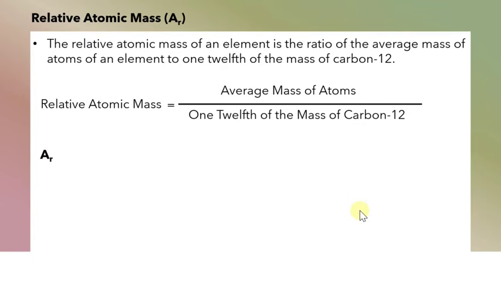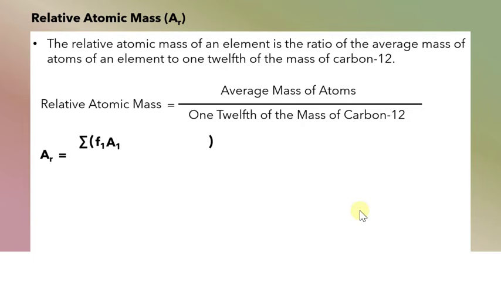So what it means is relative atomic mass can be represented by capital A, then small letter r, which can be equal to the sum of, in brackets, F1 times A1. By the way, F stands for fraction abundance, then A stands for atomic mass, and 1 stands for one element.